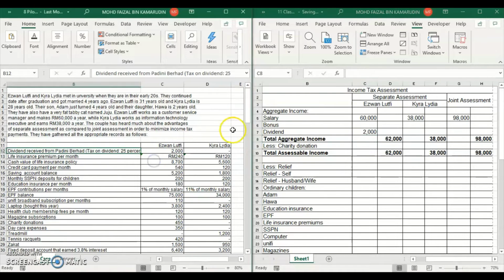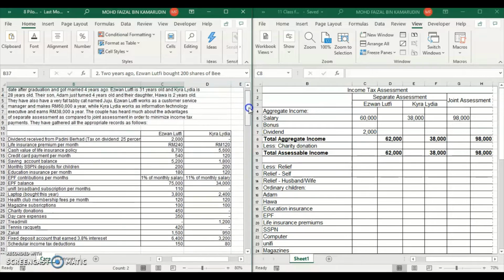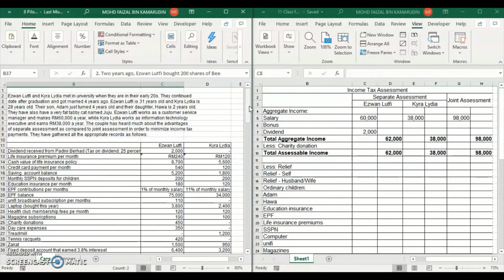Whereas the dividend that he received from B company, the second piece of information here, is not taxable because the company is based in Singapore. I mentioned just now, only dividend that you receive in Malaysia is taxable. So no for Kyra. For the joint, we take 2,000 because S1 did receive 2,000 from Padini. So now we have settled the first part, which is total aggregate income.